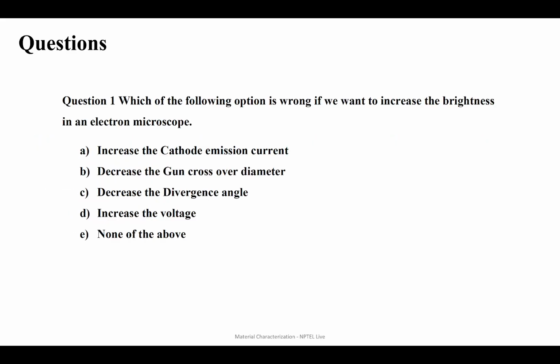Which of the following options is wrong if we want to increase the brightness in an electron microscope?